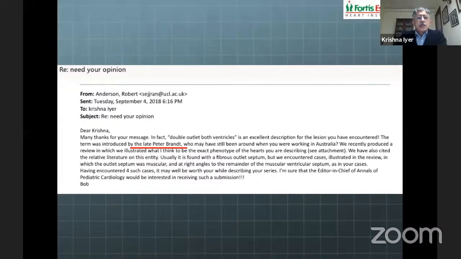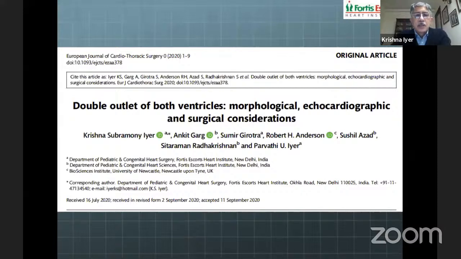So Professor Anderson suggested that we should collect a case series and describe the clinical features and the surgical aspects of this condition. That was how the article, titled double outlet both ventricles: morphological, echocardiographic, and surgical considerations, was finally prepared and published in the European Journal of Cardiothoracic Surgery late last year.